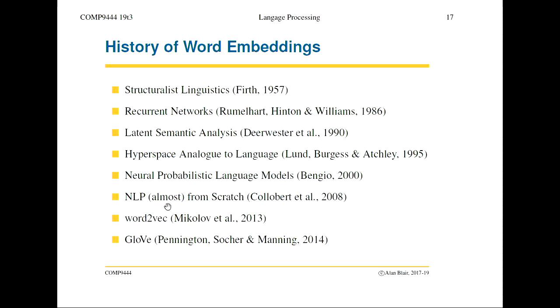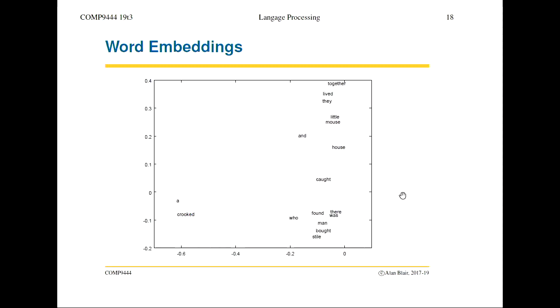We're mainly going to be focusing on Word2Vec. So this is an example of some word embeddings you might get from that text that we talked about. It's not very informative, but it illustrates the process.